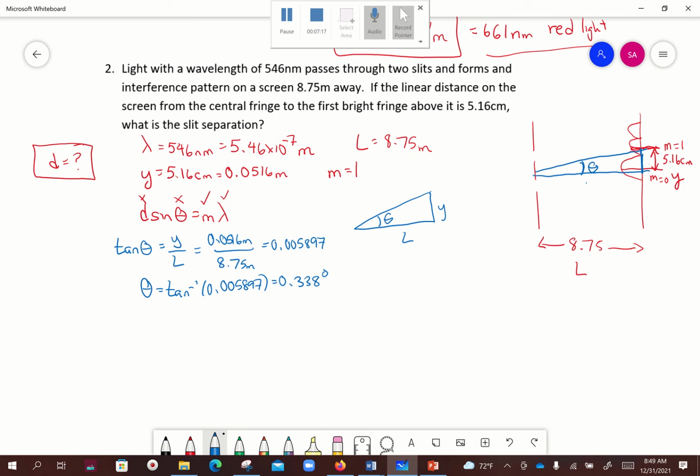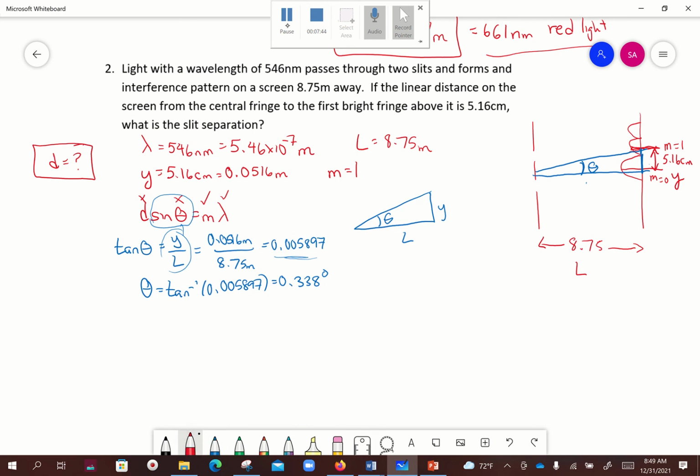Sometimes you see problems in books where they just take y over L and substitute that tan theta value in instead of sine theta. That's approximately correct when you have a number as small as this. But if the number isn't as small, your final answer for the angle is going to be a little bit off. So it's always more correct to do it the longer way, like I just did, to actually get the angle and then plug the angle in.